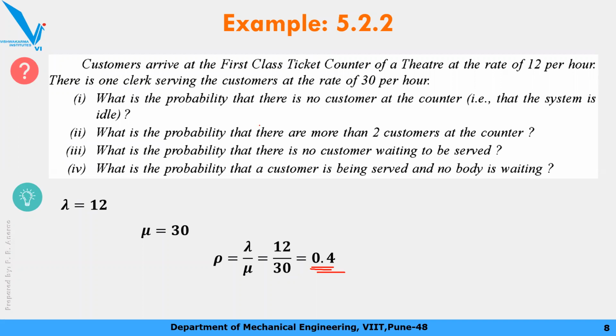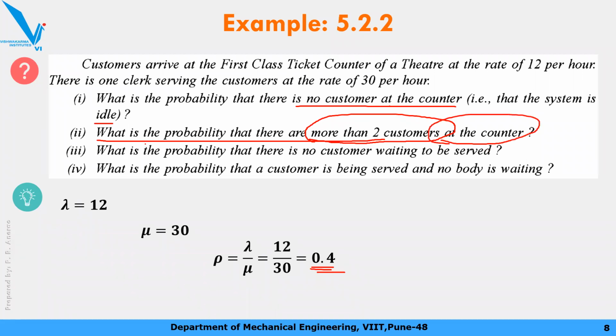Now we will go through the statements. What is the probability that there is no customer at the counter, that the system is idle? Next, what is the probability that there are more than two customers at the counter?